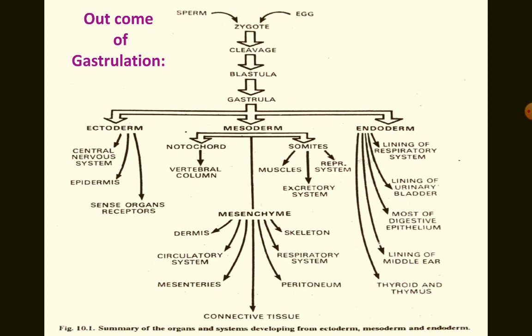It is in this gastrula stage that the differentiation of these three germ layers occurs, and these are the respective derivatives of these germ layers, and hence all different structures of an organism will come into shape because of this process of gastrulation. Gastrulation plays a very important role in the process of development of an embryo, and hence this process is very much important.